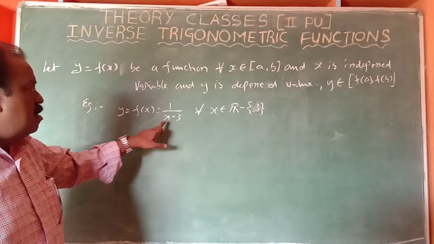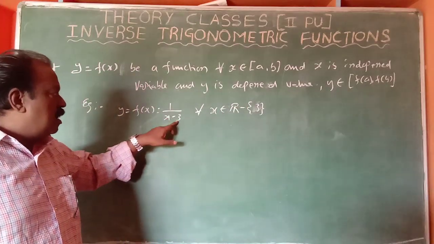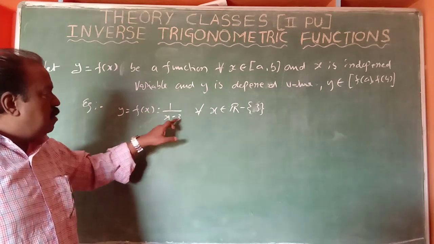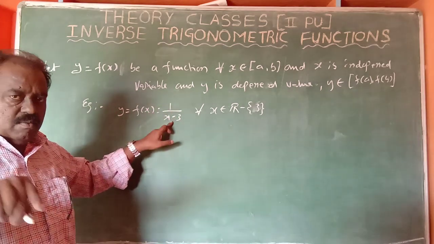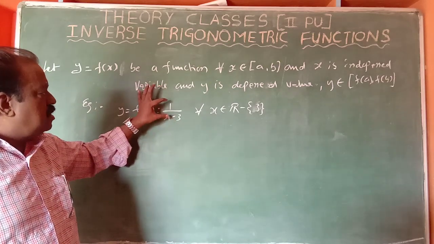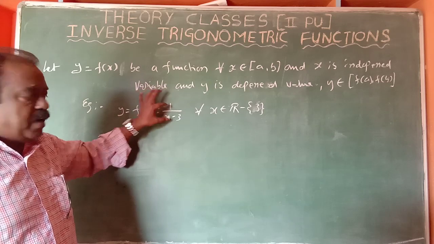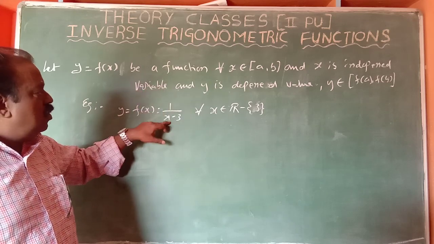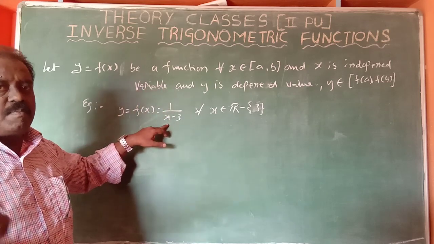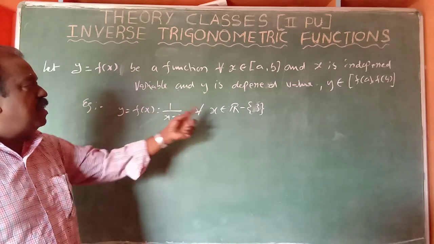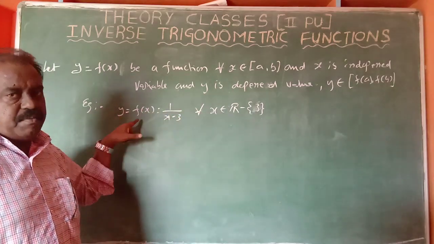Because for x is equal to 3, we will get y is equal to 1 by (3 minus 3), 1 by 0, infinity. Infinity is not a value. It is not a number. It is undefined. If 0 is in the denominator, it is not possible to define. So here the function for x is equal to 3 will not be defined.